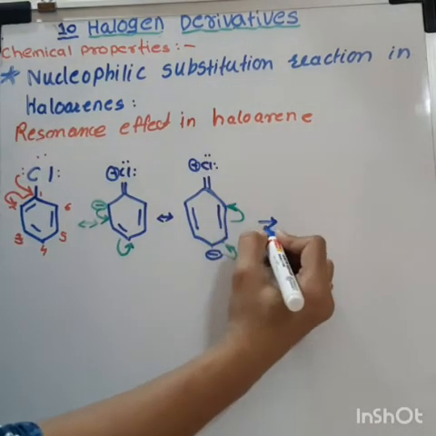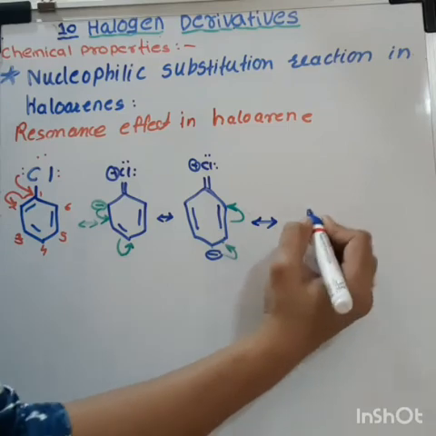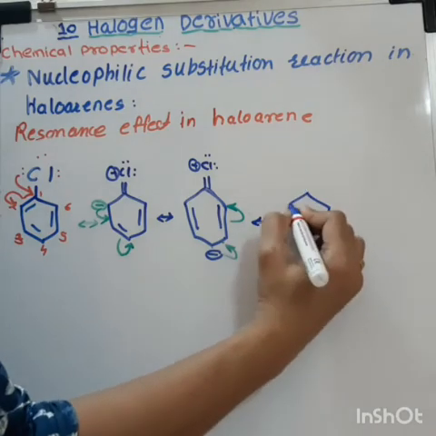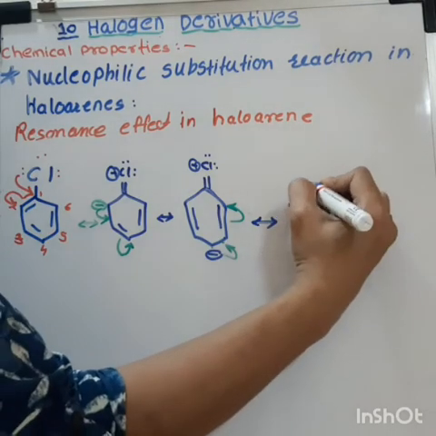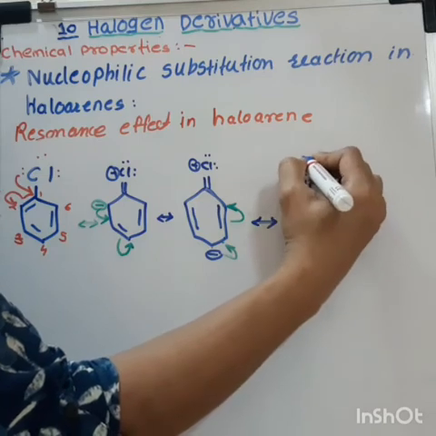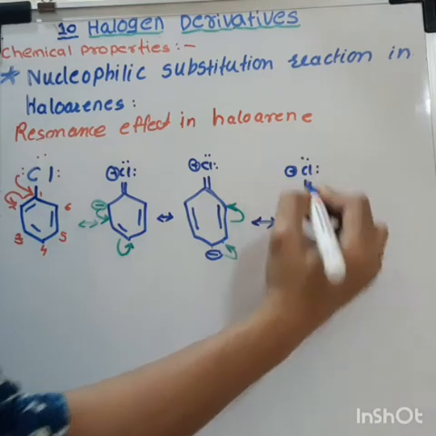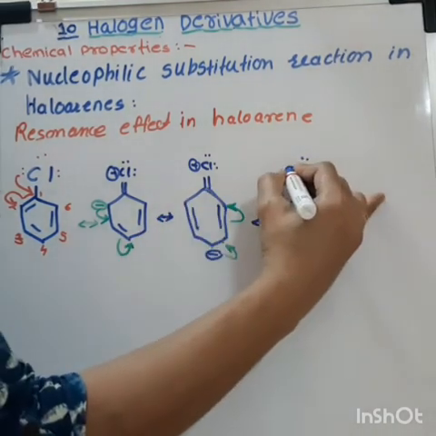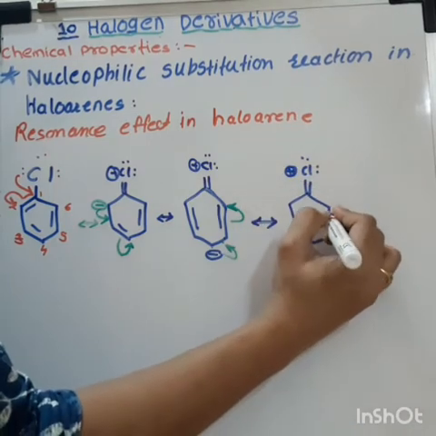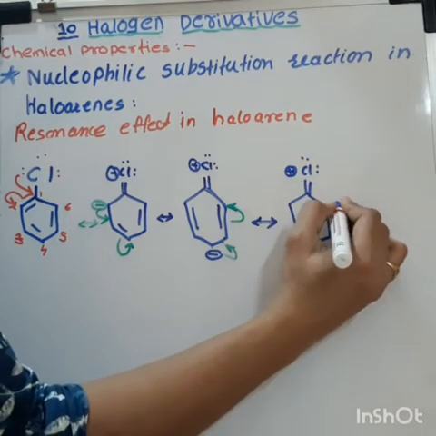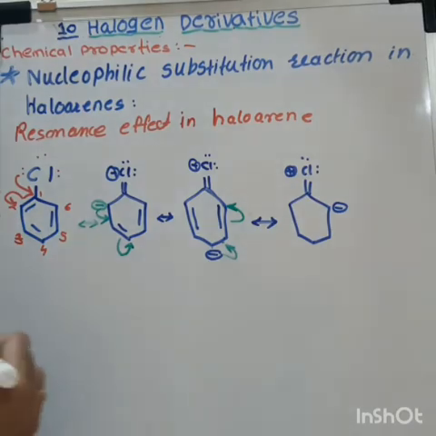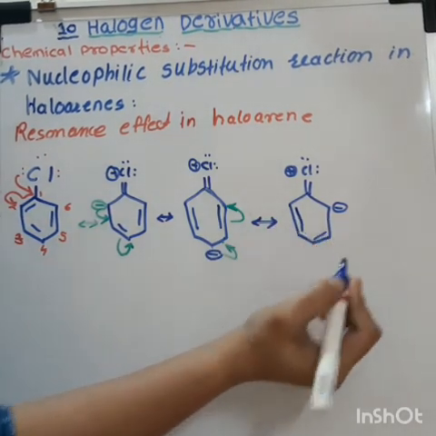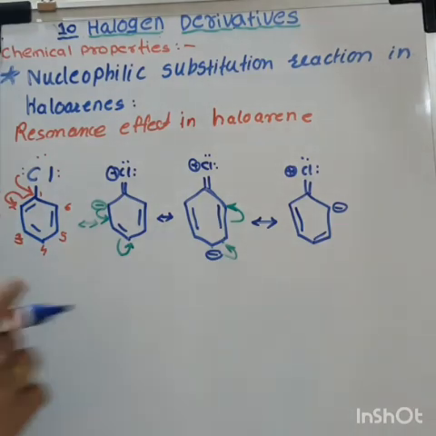So another resonating structure will have the double bond between chlorine and carbon atom number 1 as it is, and the positive charge on chlorine as it is. This bond will break and there will be a negative charge on carbon atom number 6. This pi bond formation takes place and this is the next resonating structure.